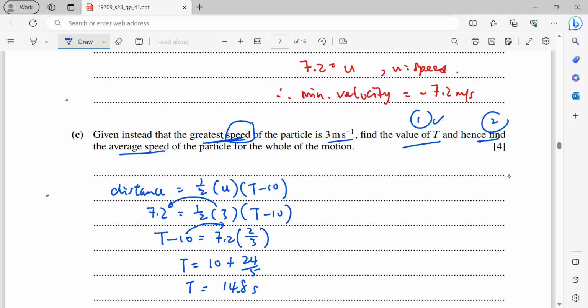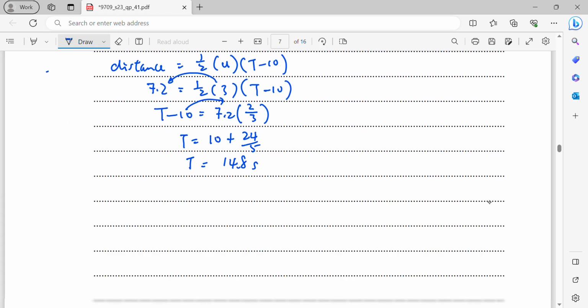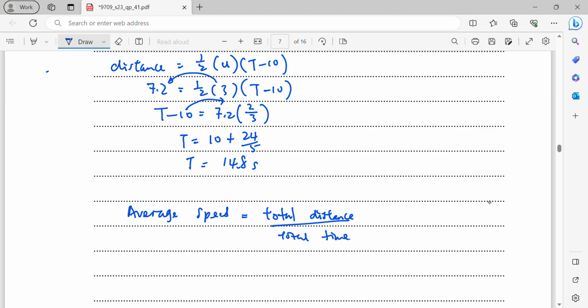Now the second part is hence find the average speed. So we know that average speed is total distance over total time. Okay, total distance traveled.